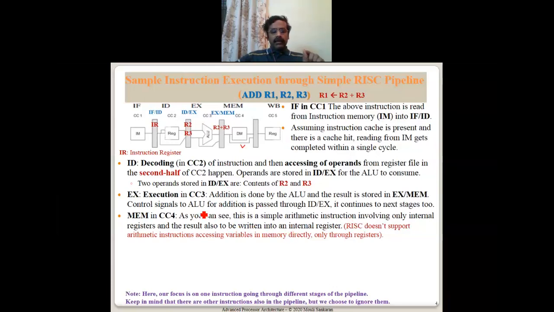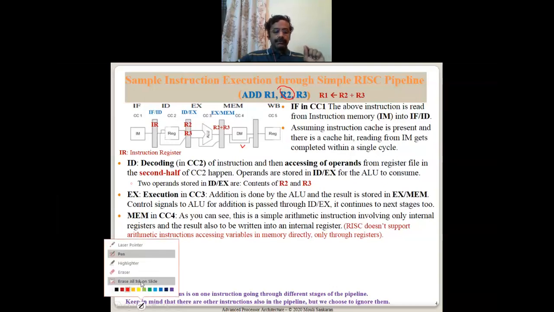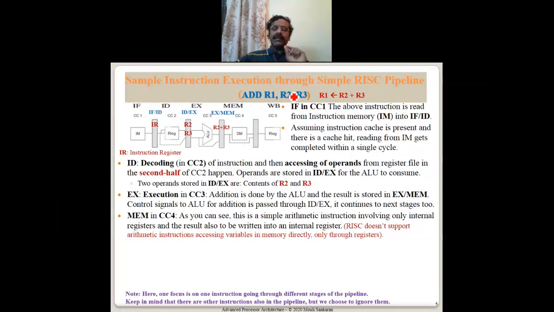One more thing, remember in RISC, we do not have operands coming directly from memory for arithmetic operation. We will not have one of the operands as memory operands. That's why it's called a simple reduced instruction set. So we are only having operands from registers, and in this particular case the result is also written into the register.